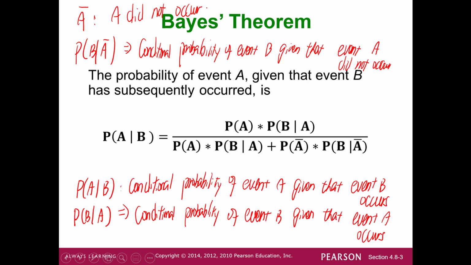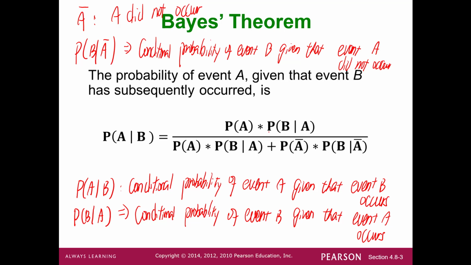Okay. So the formula is: the conditional probability of event A given that event B occurs equals the probability of event A times the conditional probability of event B given that A occurs, over the probability of event A times the conditional probability of B given A, plus the probability of A not occurring multiplied by the conditional probability of event B given that A does not occur.